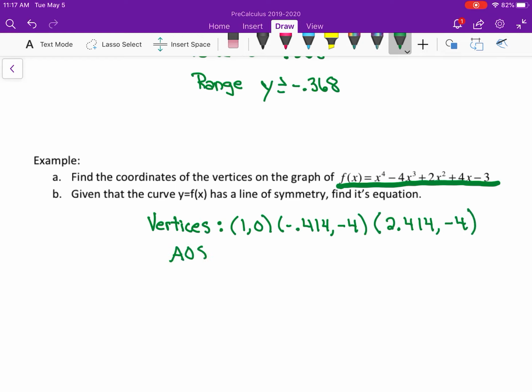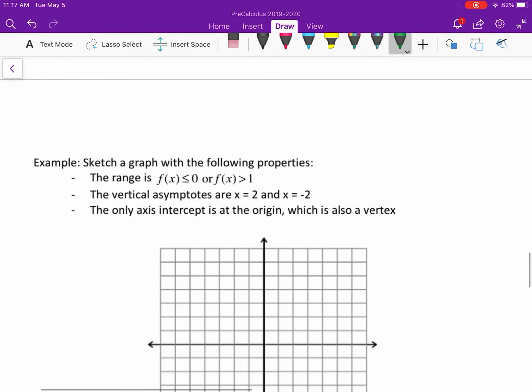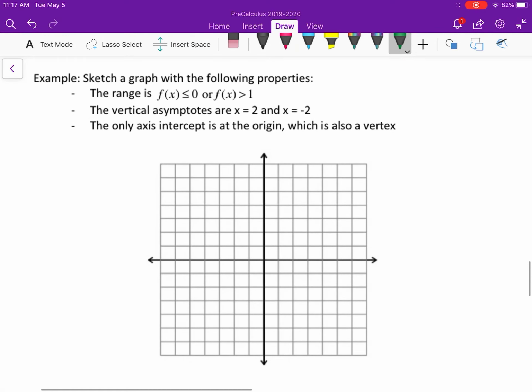And then we have, I'm going to just call it an axis of symmetry, or I guess it's a line of symmetry since it's not on an axis, but x equals 1 is our line of symmetry. Literally just plugging things into Desmos or our calculator.